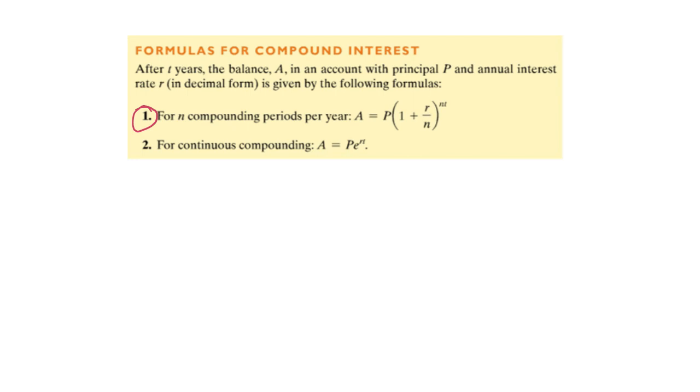The other option for compound interest is continuous compounding interest. And this one is A, future value, is equal to the principal times E raised to the RT. So rate times time is your exponent in this case.